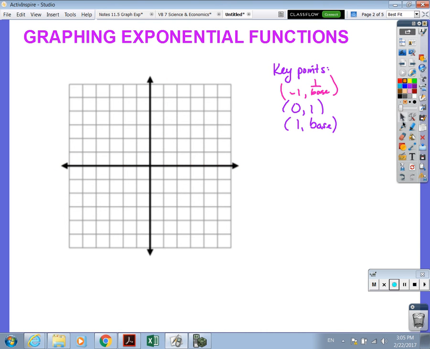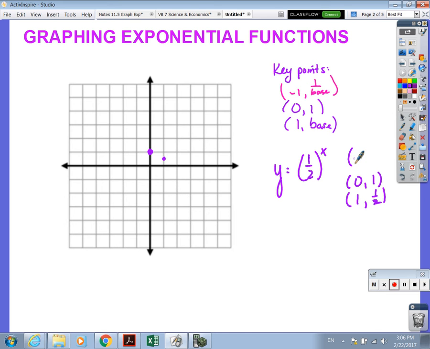So I'll do another one. What if I took a look at the graph of y equals, let's do 1/2 as our base, (1/2) to the x. So you have to think carefully here. (0, 1), that's clean. That's a given. (1, base) means that (1, 1/2) is going to be, okay, right here.